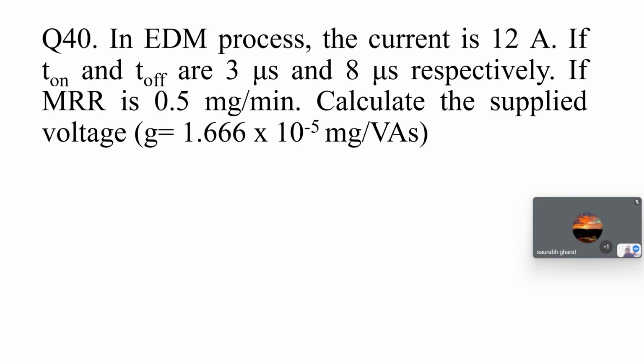I told you the formula is exactly the same. So your MRR will be equal to G into VI by 1 plus T off by T on.